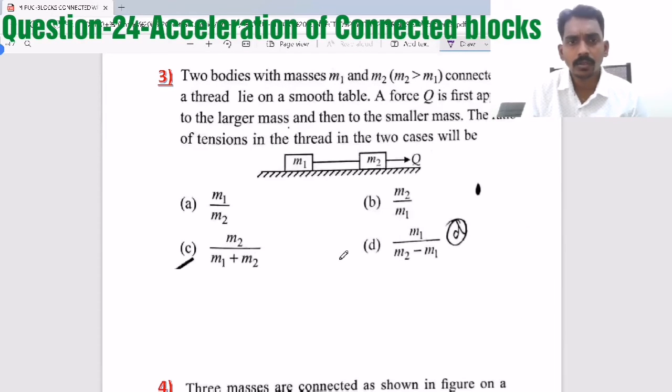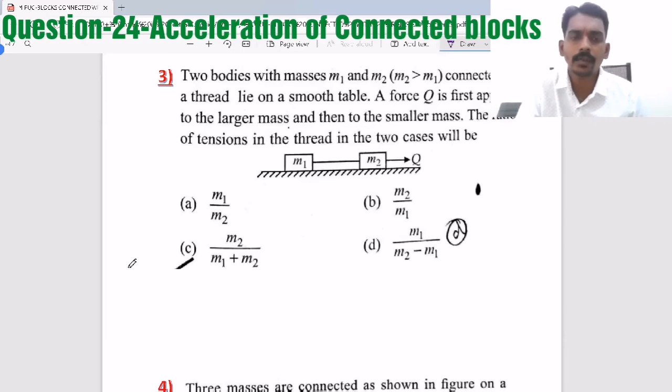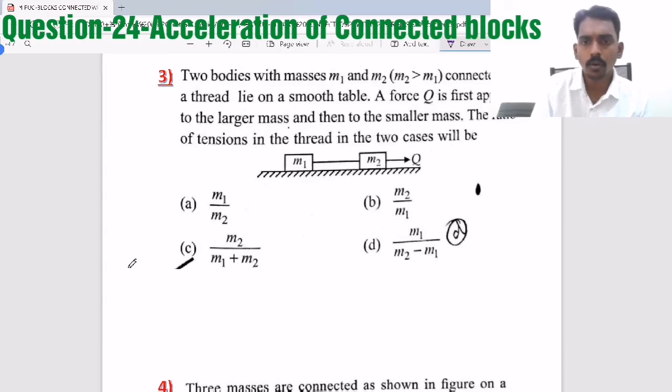Now here is a similar kind of question. Two bodies with masses m1 and m2 connected by a thread lie on a smooth table. A force Q is first applied to the larger mass and then to the smaller mass. What is the ratio of tensions in the thread in the two cases? See, in both cases the acceleration is the same. Acceleration is F by m1 plus m2, as we discussed in the first question.